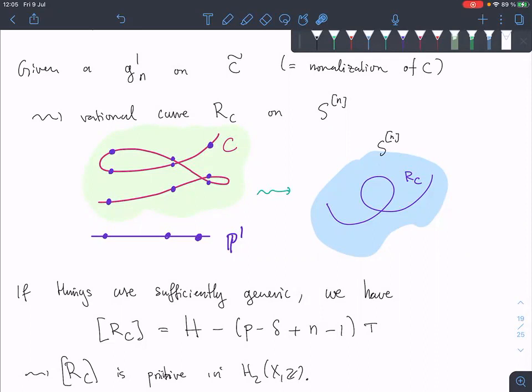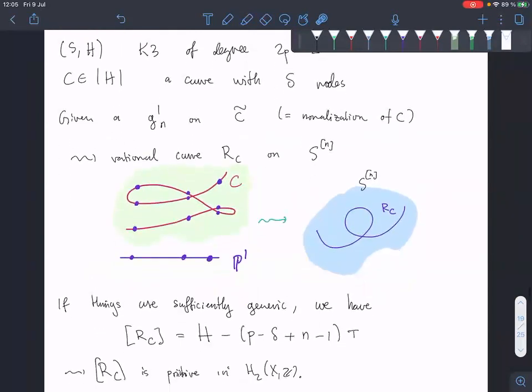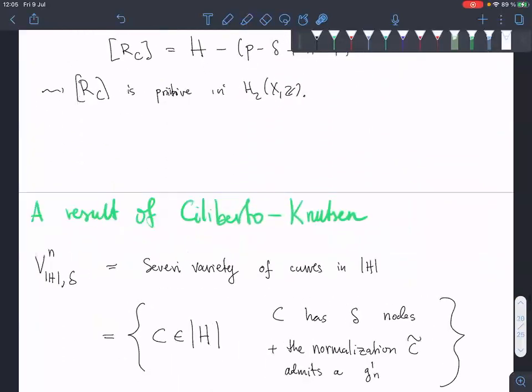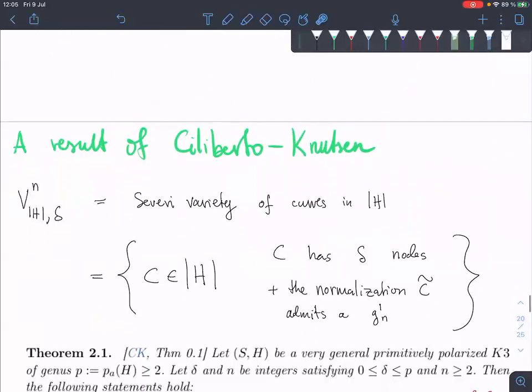And second of all, you need to say that you get classes that can sort of reach all the deformations of this Hilbert scheme. And for that we use a result by Gilberto and Knudsen. Maybe because of lack of time, I won't go through the details here.